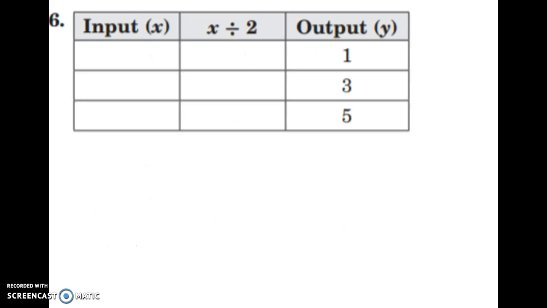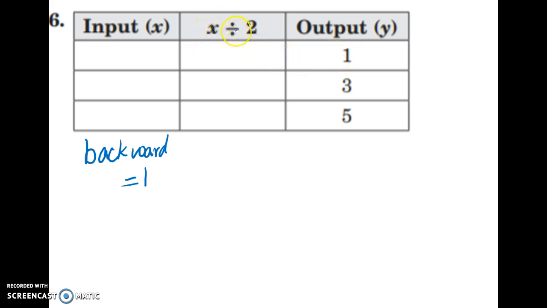Here again, I have an input-output table, this time number 6. Notice no x values, but I do have my y values. So again, we're going to work backward. To do this, I'm going to start with something equaling 1. Well, what equals 1?